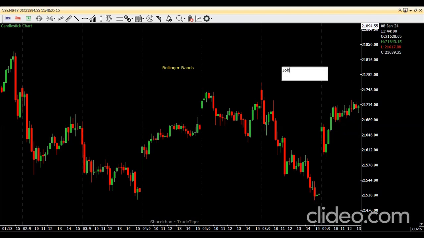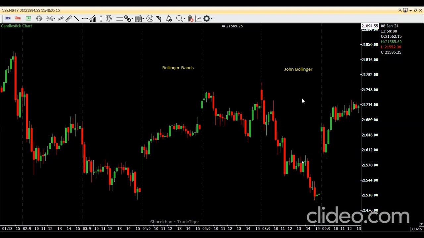Who is the owner of this? John Bollinger, and he has named this indicator on his own name, Bollinger Bands. Okay. So these bands are basically volatility bands, and they are placed above and below the moving average. There are a total of three lines here.